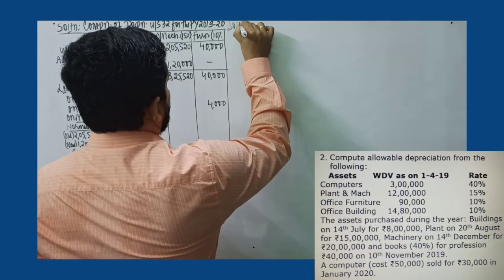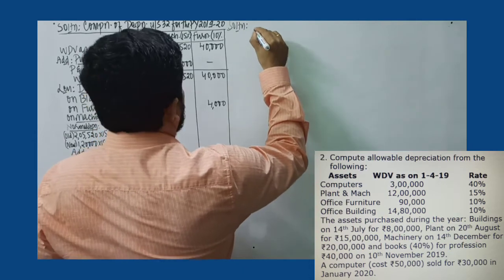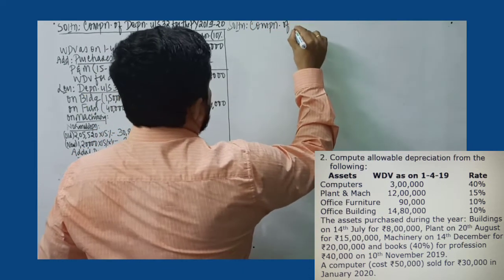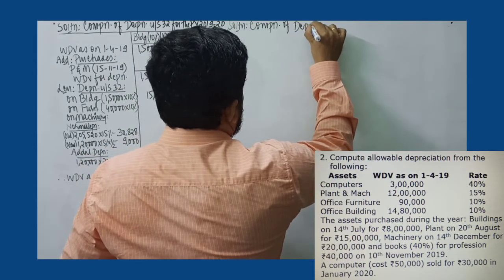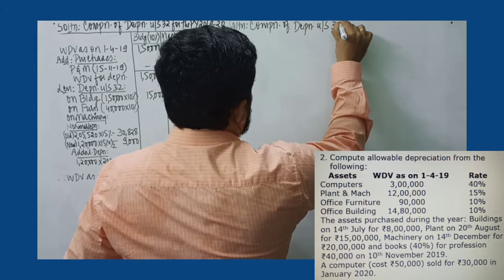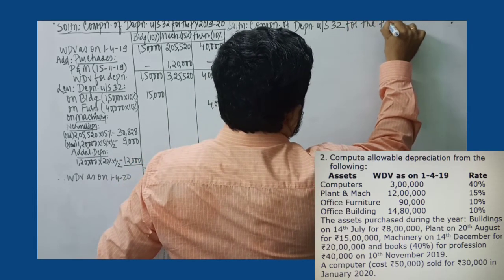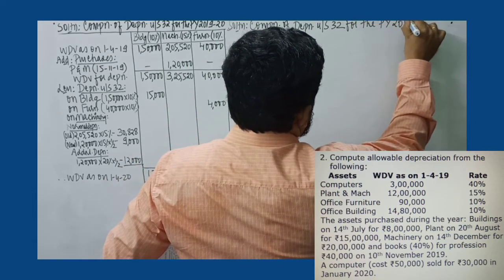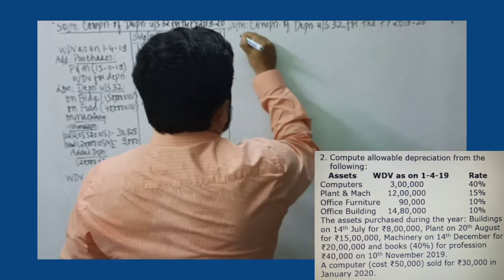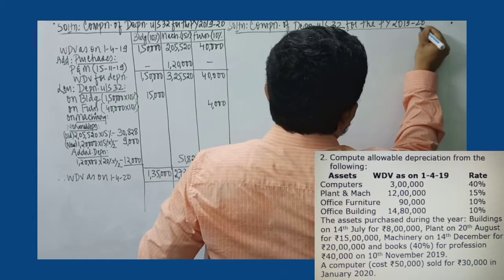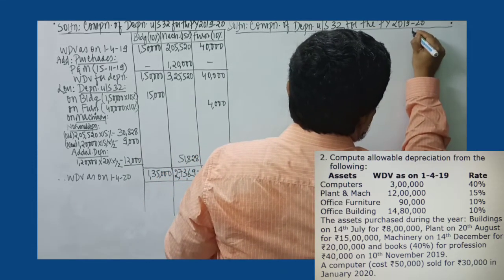So I record the solution. I record computation of depreciation under section 32 for the previous year 2019-20. So we have 5 blocks of assets, so we will have to prepare 5 amount columns.